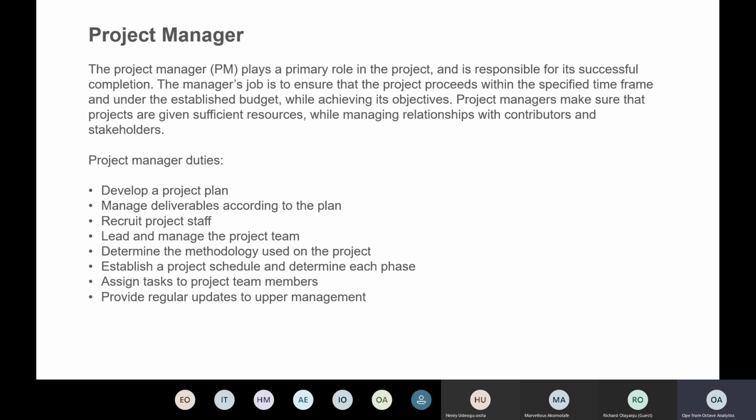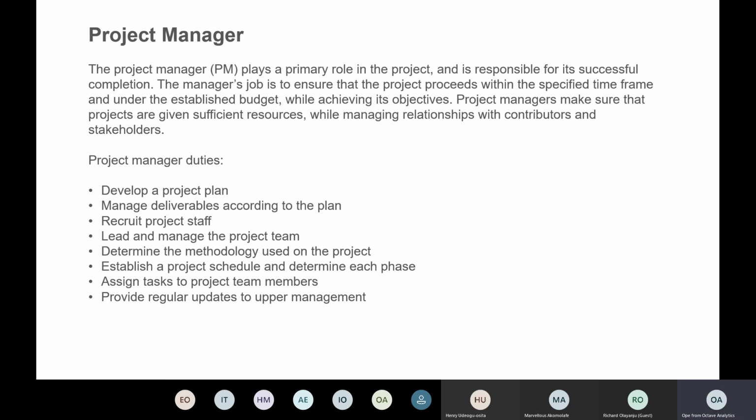So if a project is not meeting up with deadlines, is not meeting up with demands and stuff like that, the project manager knows, and the project manager should be able to resolve or escalate to those that will resolve. And that's why the project manager plays a primary role. He's responsible for the successful completion of a project.